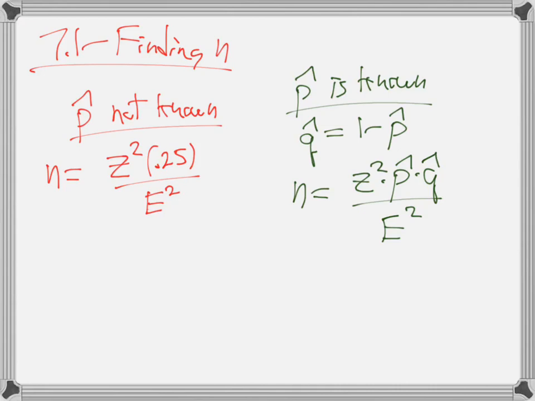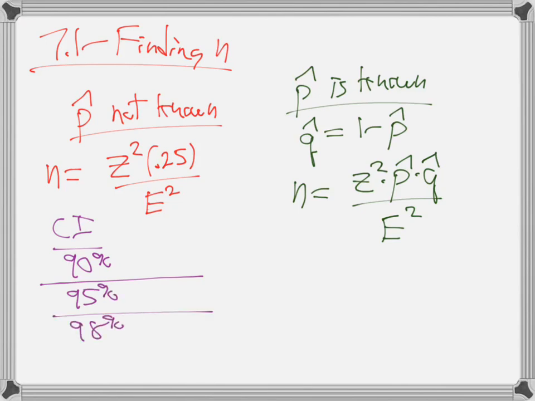And then that table: confidence interval, 90%, 95%, 98%, and 99%, and the z values that go with them.